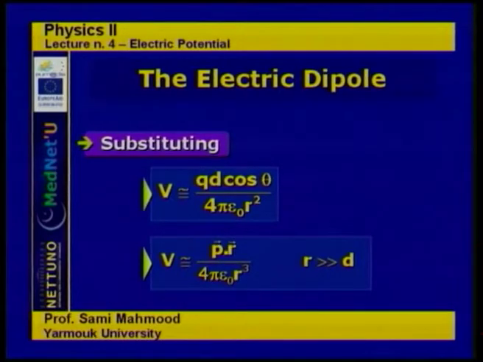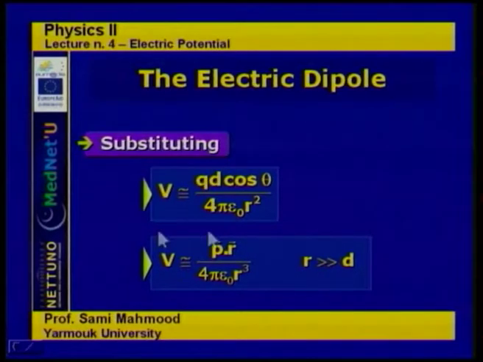And if we recall that cosine theta is the cosine of the angle between the R vector, the position vector of the point from the center of the dipole, and the z-axis, or simply P, because P, the dipole moment, is in the direction of z, as we have constructed it from going from the negative charge to the positive charge in the direction of z.